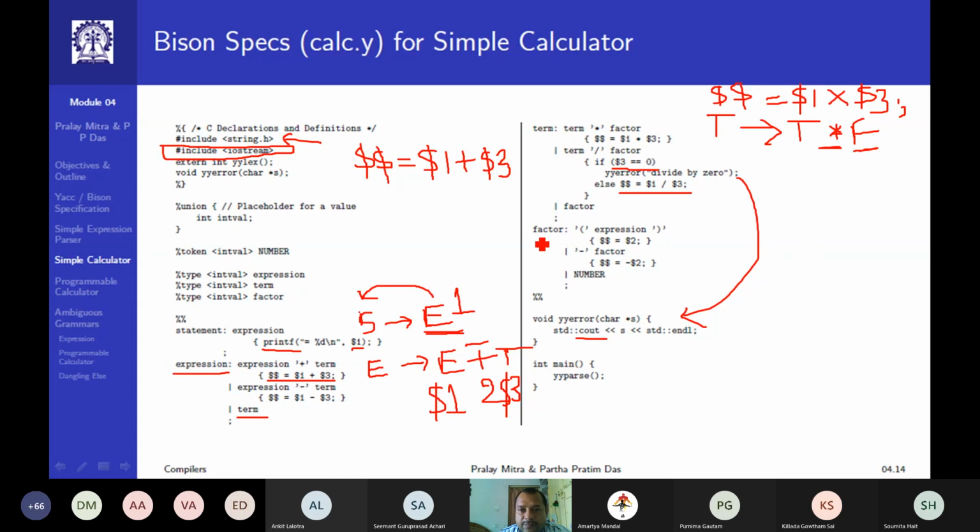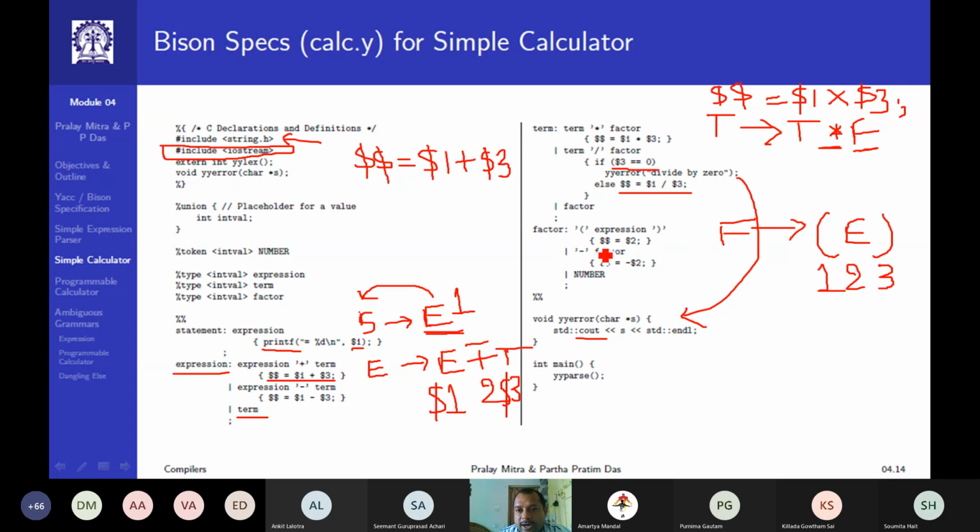Finally, for the factor, this one is F derives within parenthesis E. Now here, this is my $1, this is my $2, this is my $3. What is the action? This parenthesis just changes the precedence of the operation. Otherwise, it does nothing. Do you understand that?